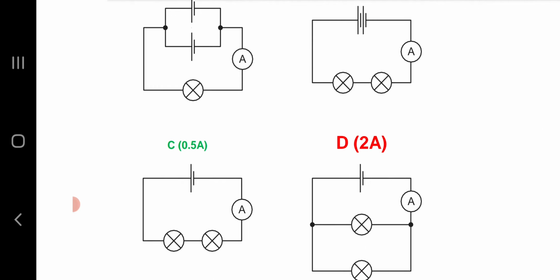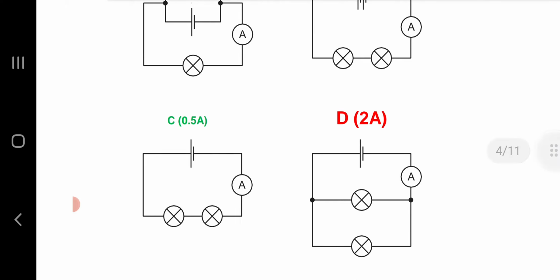In configuration C, 0.5 ampere will flow in the circuit because two lamps are connected to a battery, so the resistance doubles and the current will be half. In configuration D, 2 ampere will flow: 1 ampere through one parallel branch and another 1 ampere through the other parallel branch, and the ammeter will record 1 plus 1 equals 2 ampere.